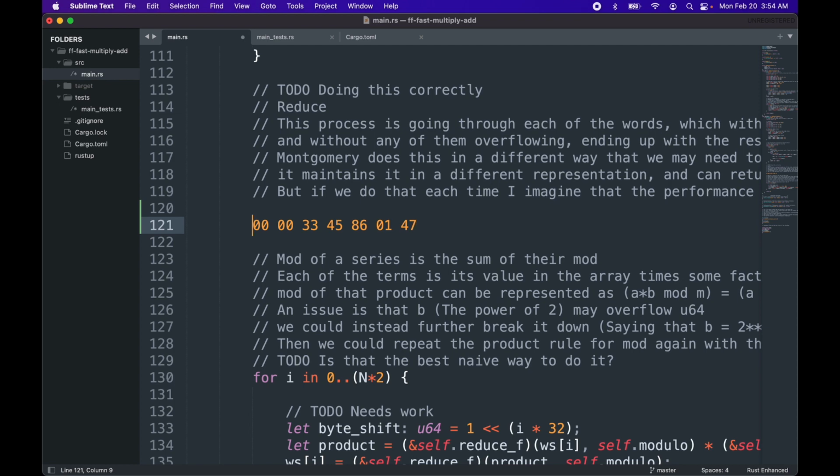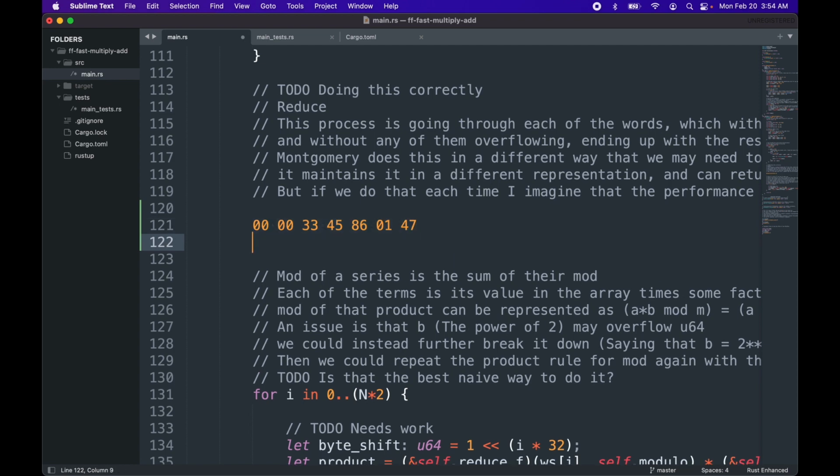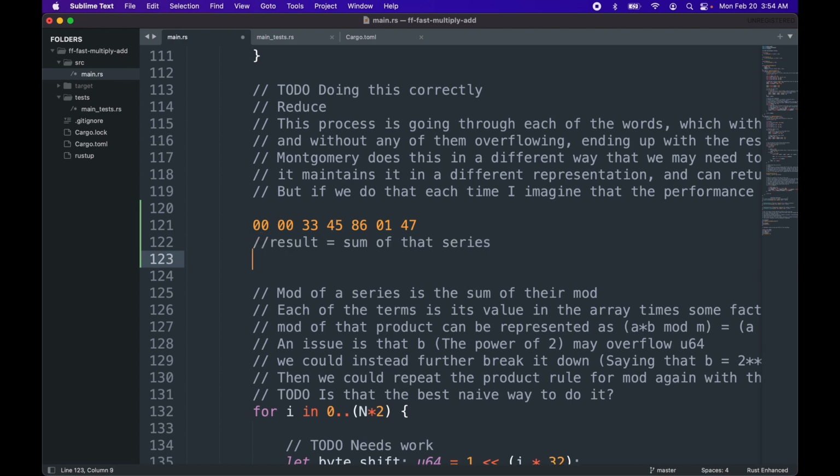Right, so you could think of this as a series that you are adding together, and result equals the sum of that series. And that series is, well, first it's 47 times 100 to the 0, and then it's 1 times 100 to the 1, and then it's 86 times 100 to the 2, right? It is a sum of terms like that.